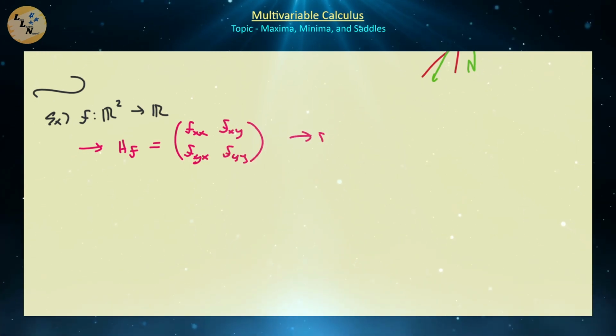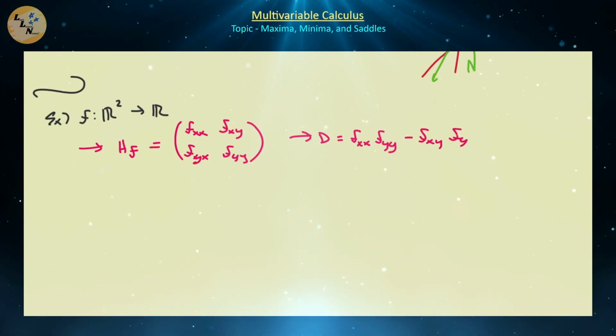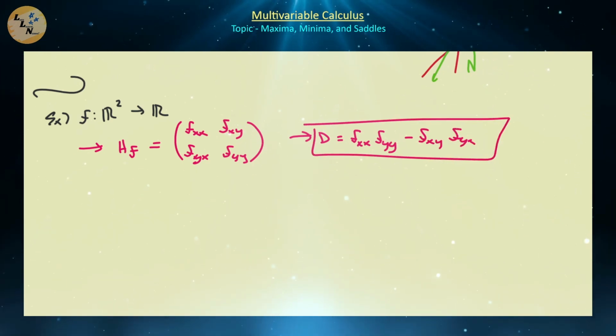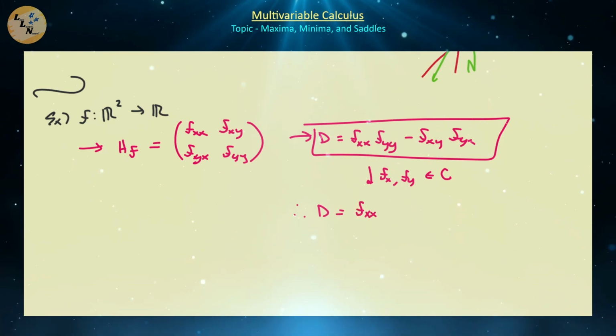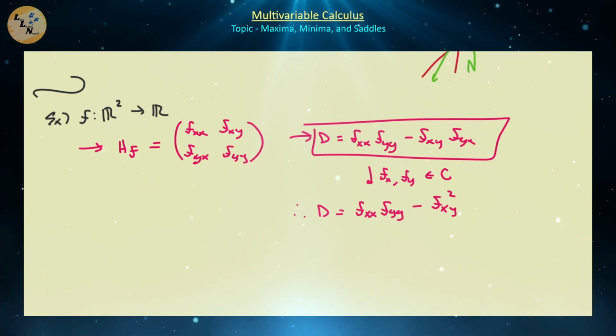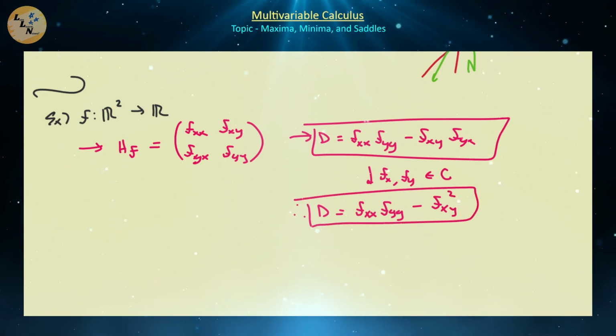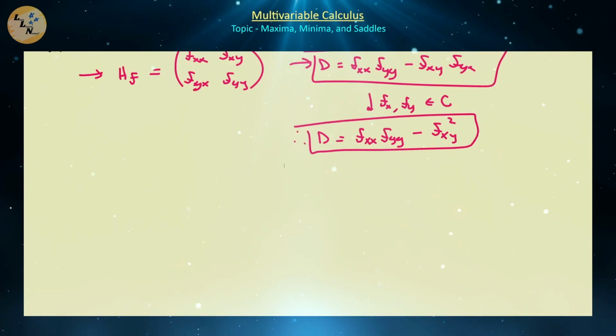So the determinant of this 2 by 2 is fxx times fyy minus fxy times fyx. And if the partial derivatives fx and fy are continuous, this determinant can be represented as fxx times fyy minus fxy squared. That's if your first order partial derivatives are continuous, we can use Clairaut's theorem to simplify that expression.